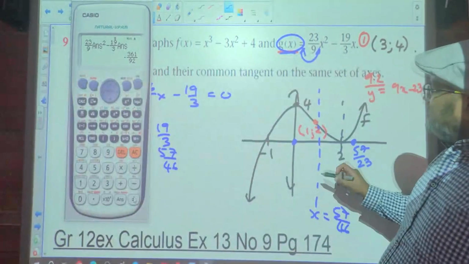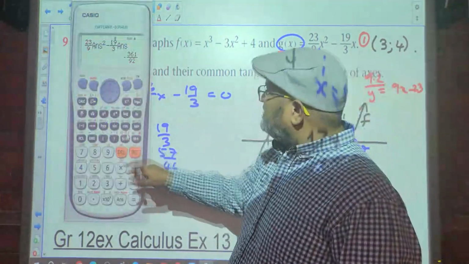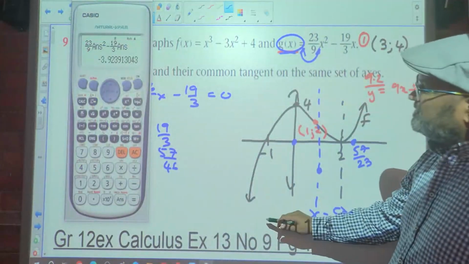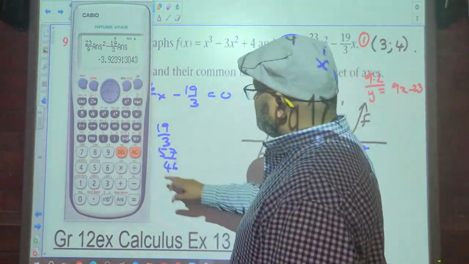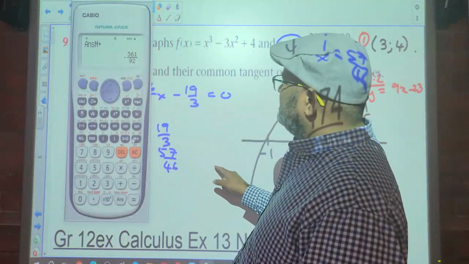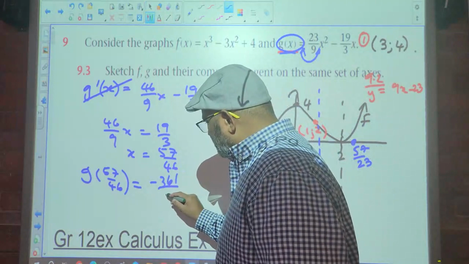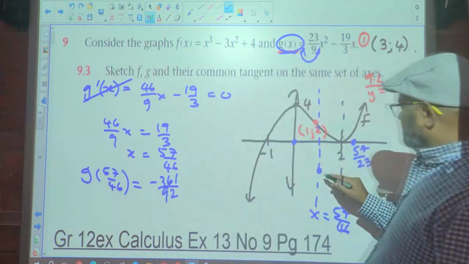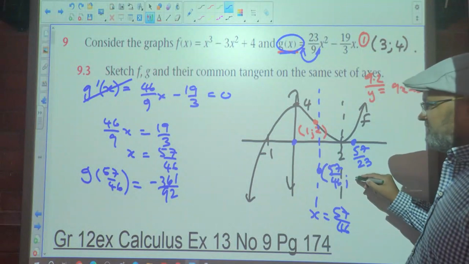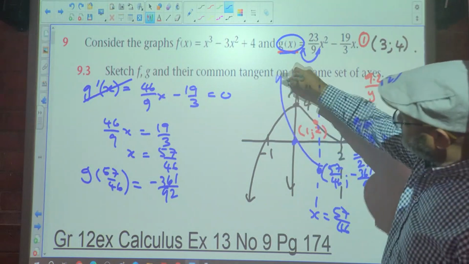Okay, so that's approximately negative 3 point something. Press SD and give me an idea of how far down it is. I like working with fractions. So that's going to give you 57 over 46 and negative 361 over 92. And of course the graph is smiling.